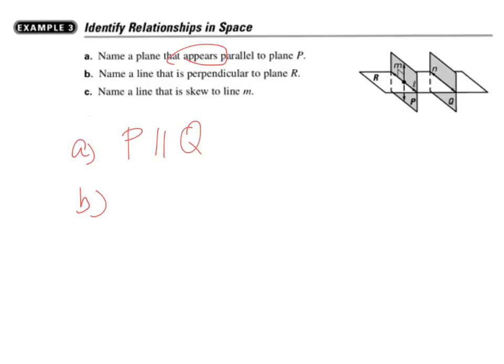I see L, I see N, and I see M, and it looks like M. Whenever I think about a line perpendicular to a plane, I think about a water bottle or a glass of Coca-Cola sitting on the table. If my Coca-Cola is my line, then the Coca-Cola is perpendicular to my tabletop. So in this case, I would say line M is perpendicular to plane R.